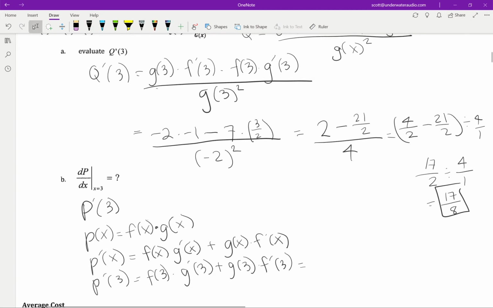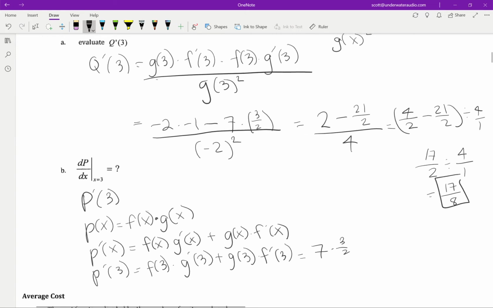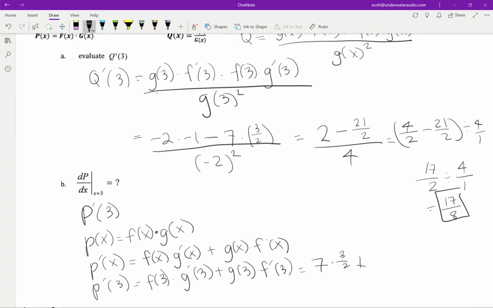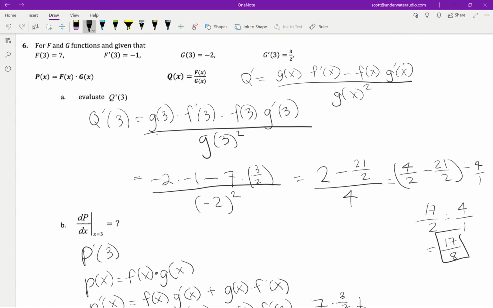So I need f of 3 and g prime of 3. F of 3 is 7. G prime of 3 is 3/2. And then I need to add to it g of 3 times f prime of 3. G of 3 is -2.